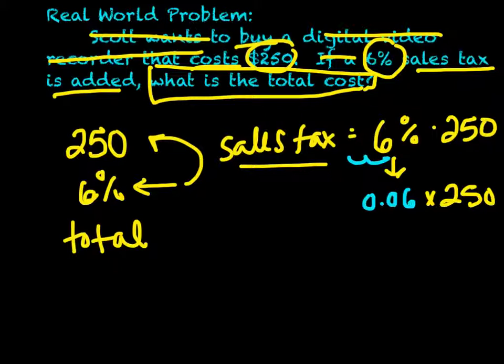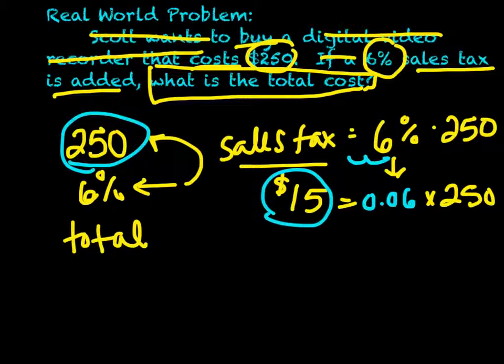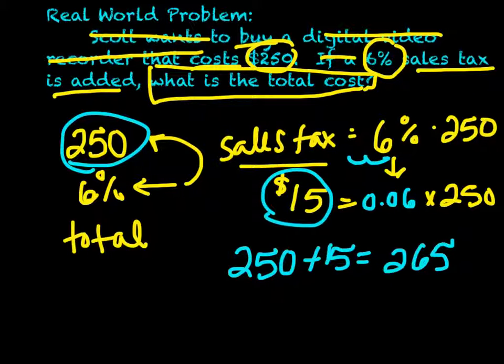So 0.06 times 250 gets us $15. And so our total cost is $250 plus the sales tax, 250 plus $15, which equals $265. That's how we can use percent equations in real life.